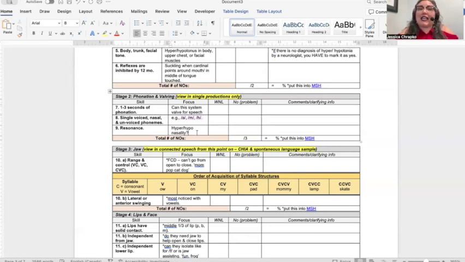This one is checking, do they sound like too much air is flowing out of their nose or not enough air is flowing out of their nose? Hypernasality means there's too much air. So it sounds like this. There's not enough intraoral air pressure for the sound to come out clearly.